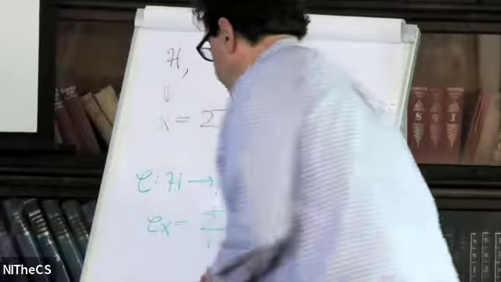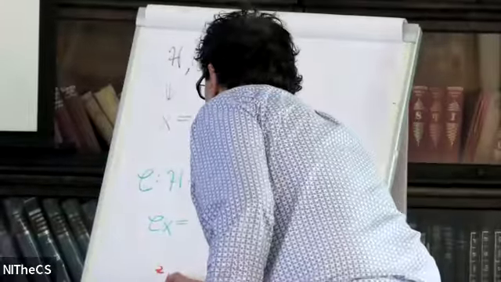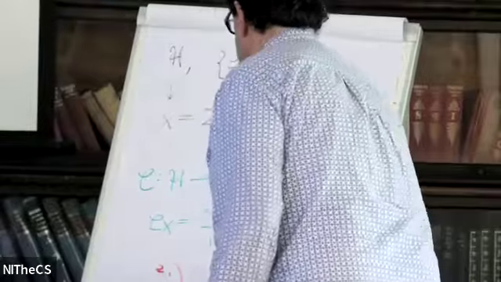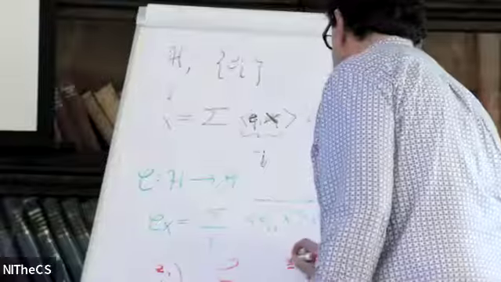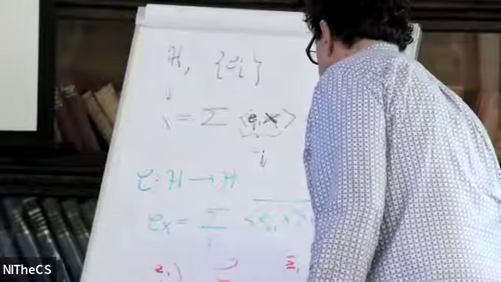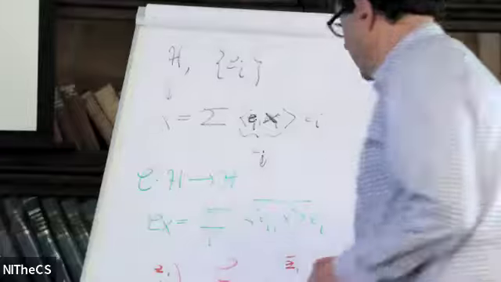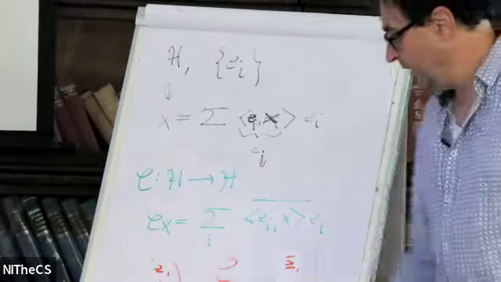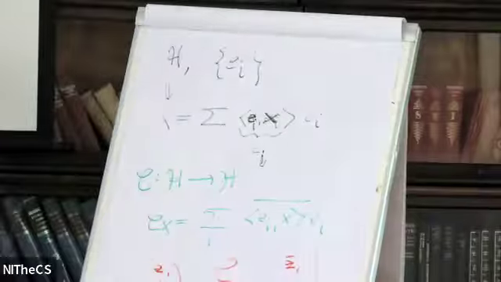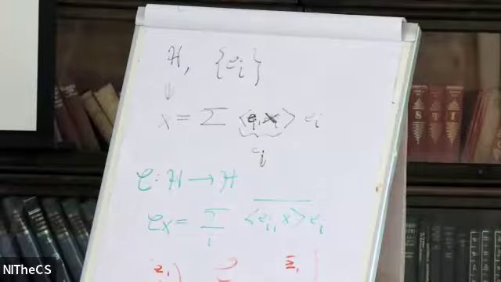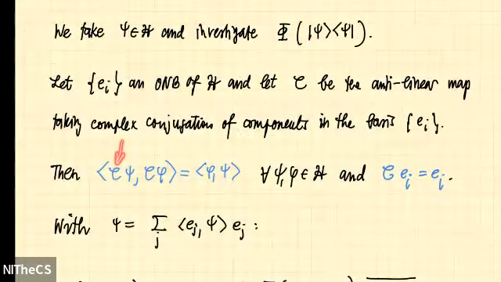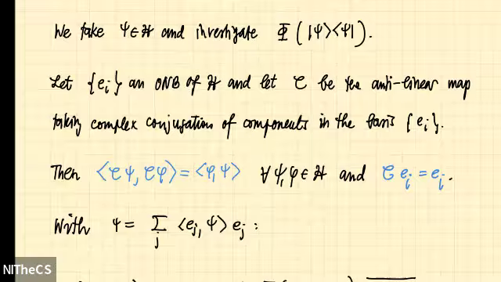Trivially, if you think of C^n, if this is a vector (z_1, ..., z_n), then C maps this into (z̄_1, ..., z̄_n), the complex conjugates. This is the complex conjugation with respect to the canonical basis. But we take any basis e of this Hilbert space, and we let C be the map that implements this complex conjugation. Of course, it's not linear, it's antilinear.